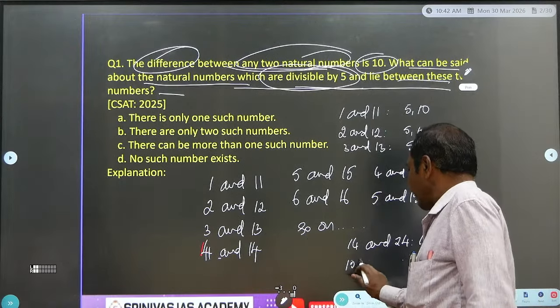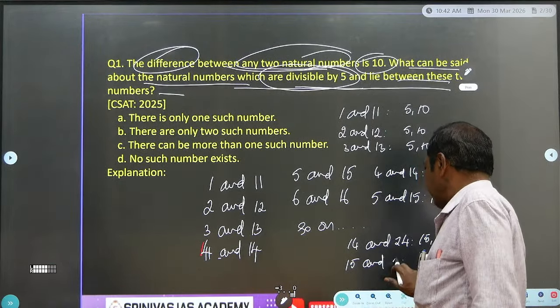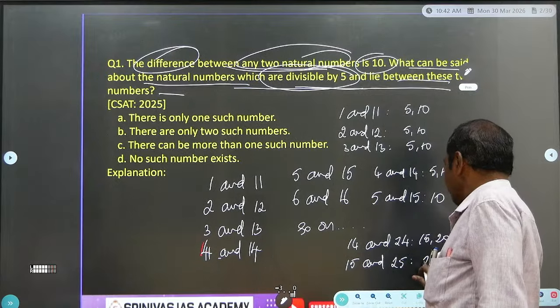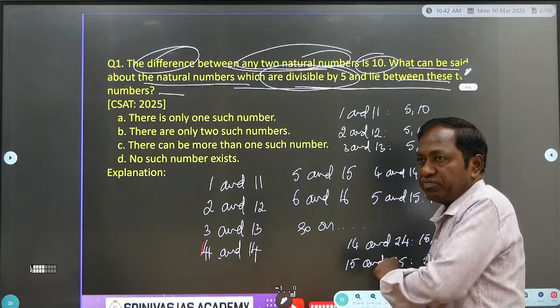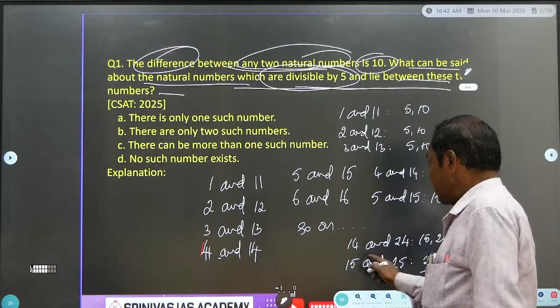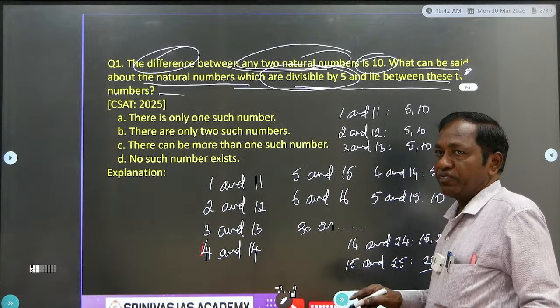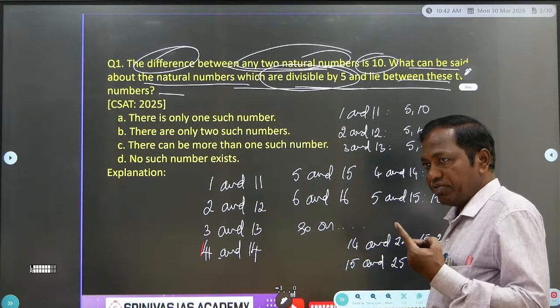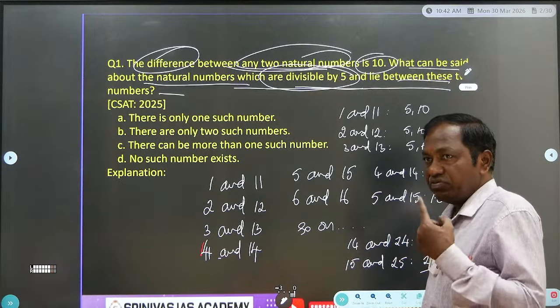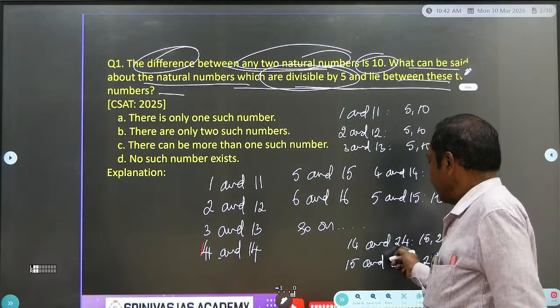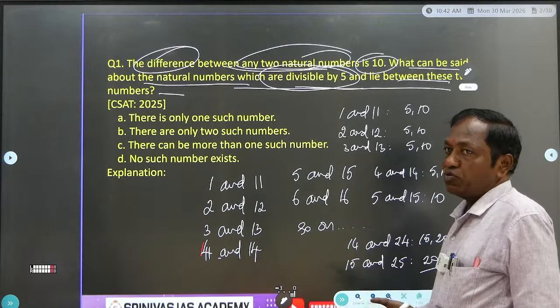If we take 15 and 25, only 20. It means sometimes, if the first number and last number are divisible by 5, there will be only one number between them divisible by 5. For other numbers there will be two.